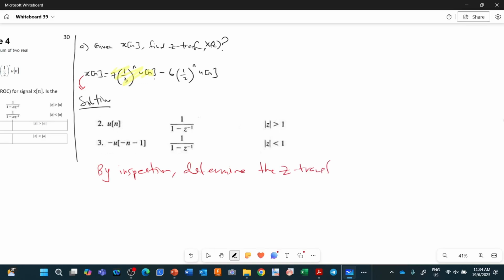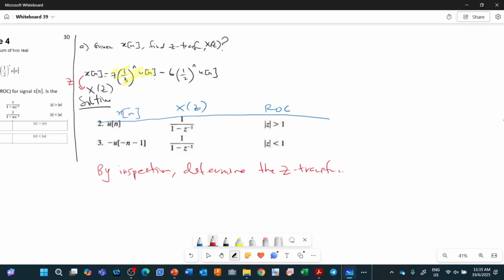So you have here the x[n] value, this is X(z), and this is the ROC. So how we go about answering this is that we are going to write x[n] in terms of X(z). We are going to use the Z transform table, by inspection with this table that you know.